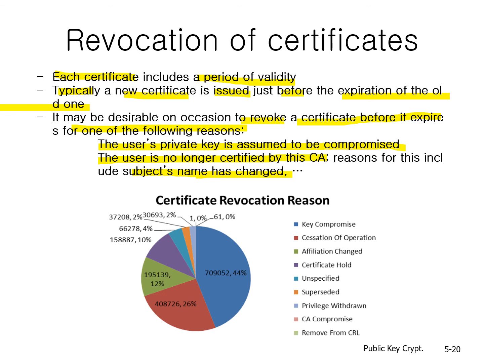So this shows statistics of the certificate revocation reasons. Secret key compromise. The secret key means the CA's secret key, a private key, and also the owner's private key. Most cases correspond to this key compromise.